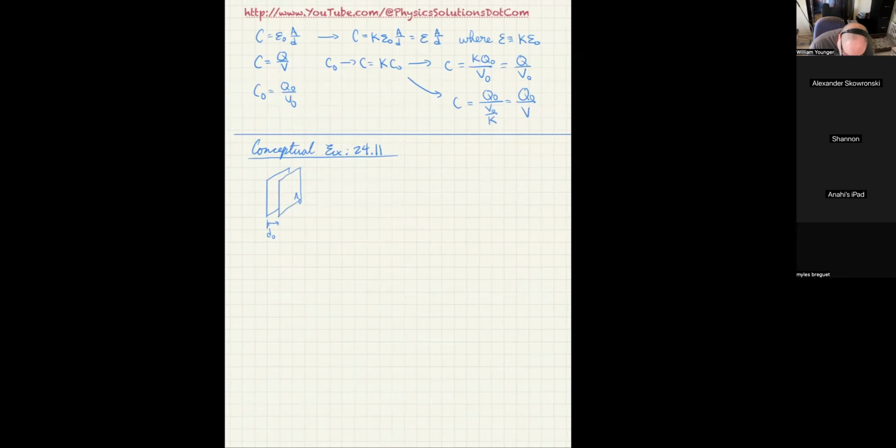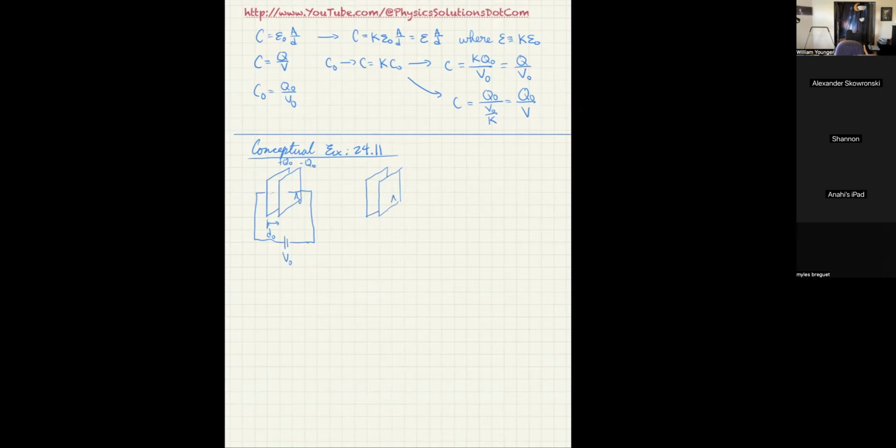And the voltage across them is V0. And that ultimately leads to a charge of positive Q0 and negative Q0 here. And now if we take that same capacitor and instead insert a dielectric whose dielectric constant is 3, then things become a little different, and that's what I'm going to explain to you now.